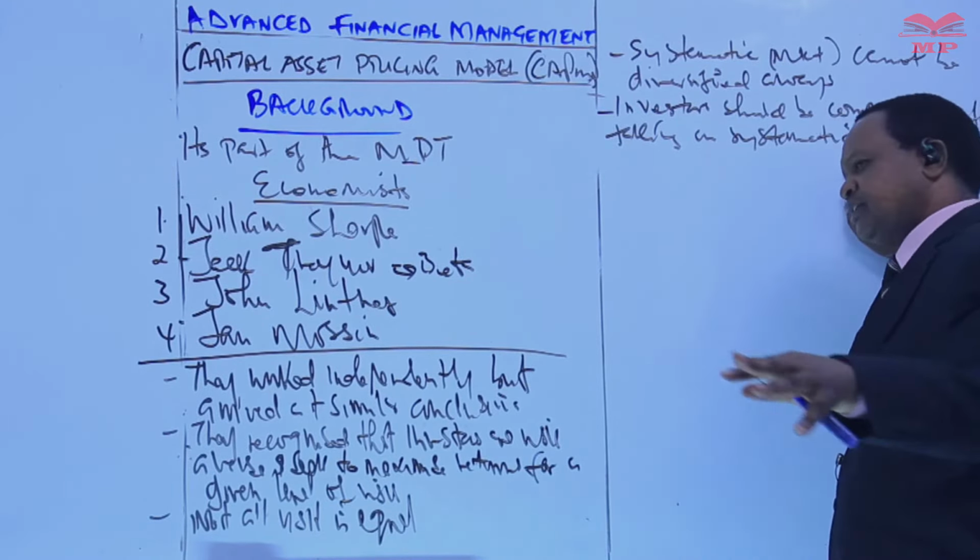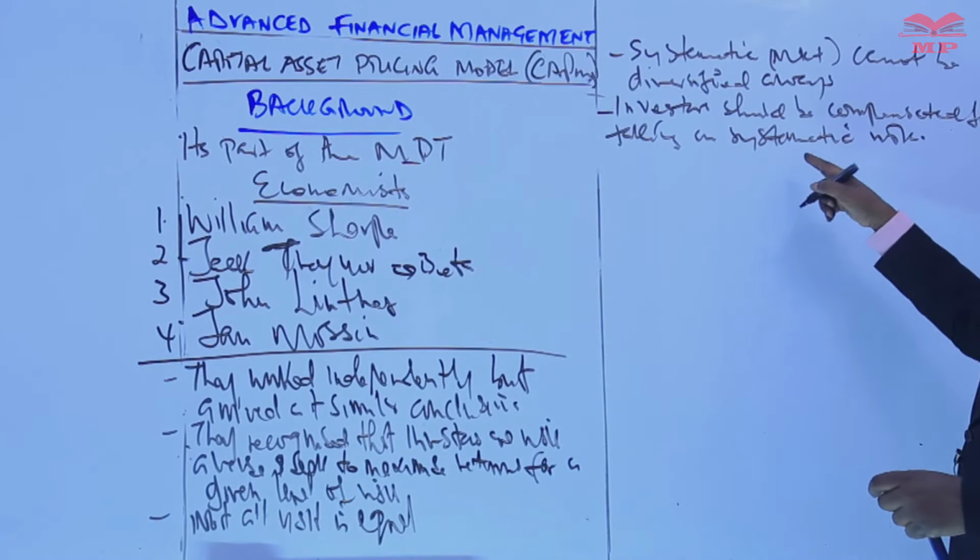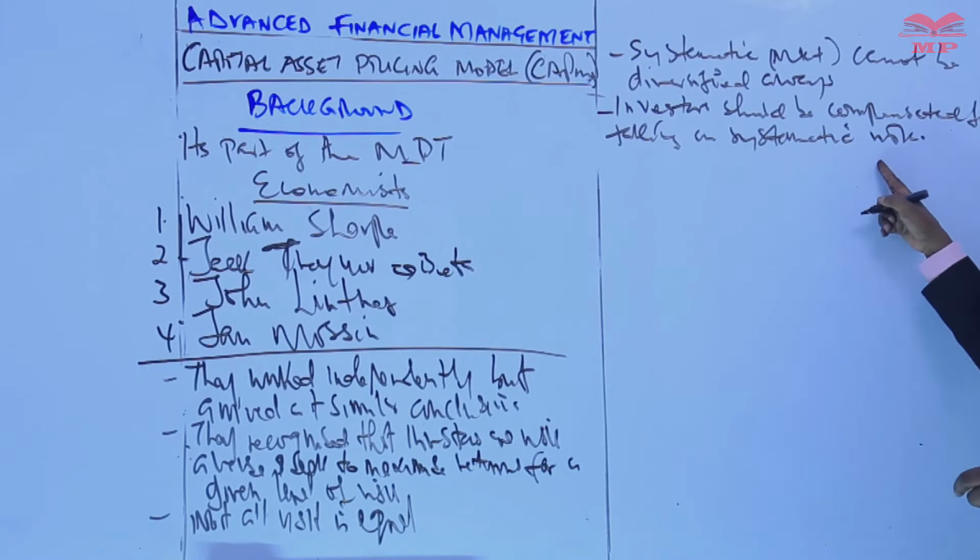So that investor, that shareholder, ought to be compensated for taking on that systematic risk. When you buy a share, there is a risk that the company's share price may go down. So you have to be compensated for taking that risk, because we know there are certain investments that are risk-free.